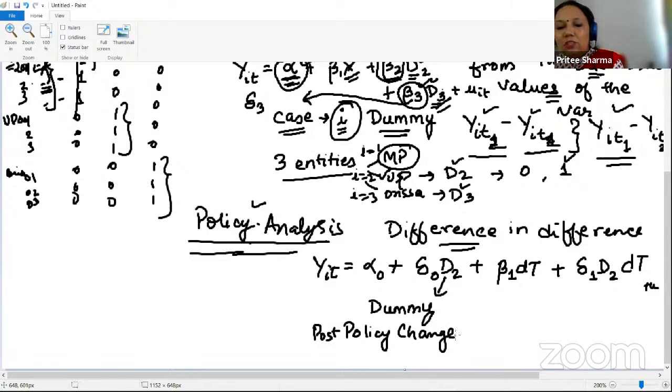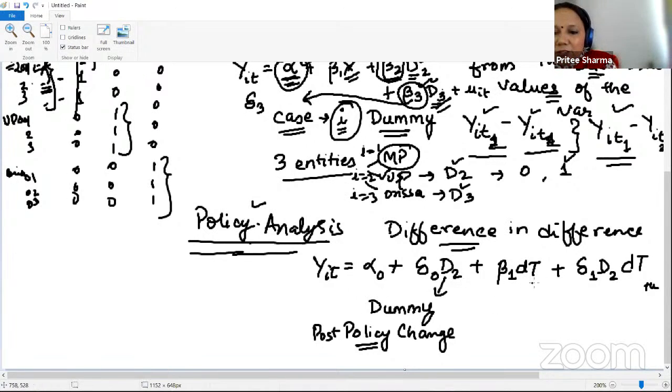What it means is that after the implementation of the policy. So we are going to analyze before policy implementation, impact on treatment and control group, and after policy implementation, impact on treatment and control group. So that is the experimental design.